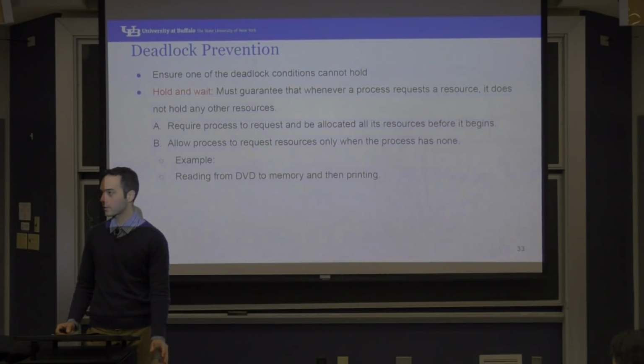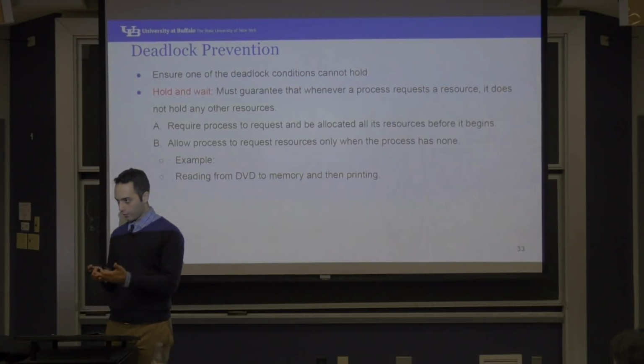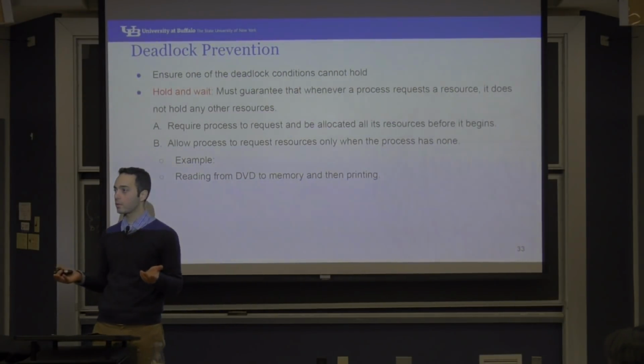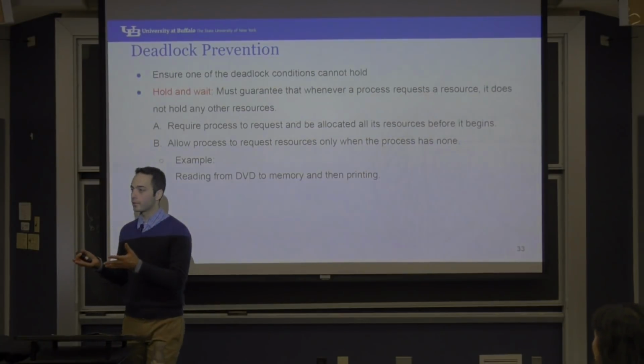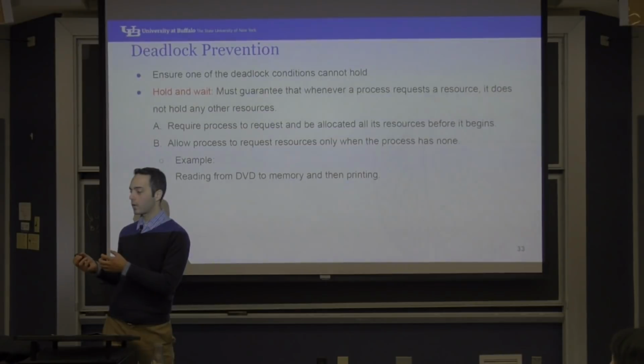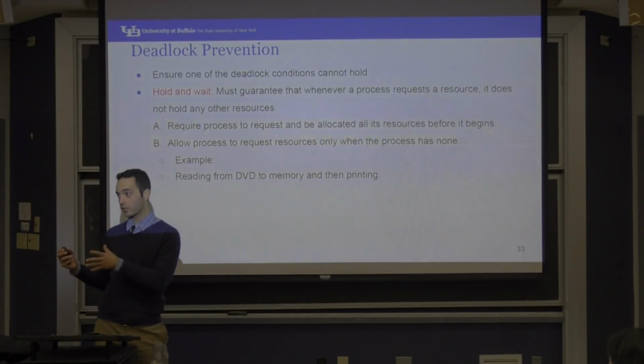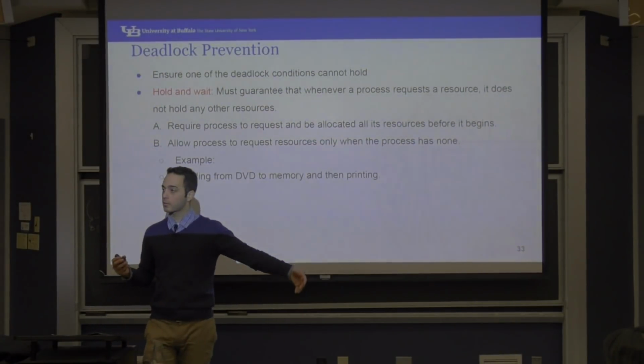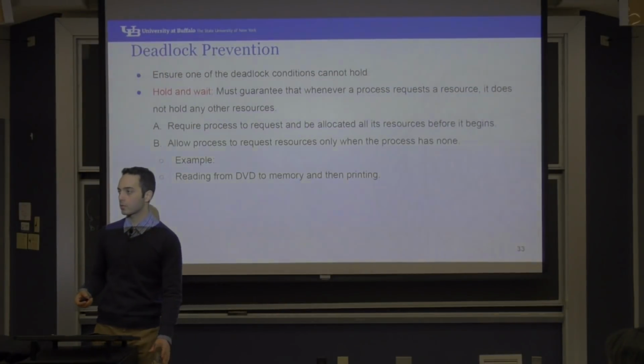If the process requests the printer, DVD, and disk drive before it even starts, it has to be allocated all the resources all the way to the end. So what can go wrong? What is wrong with this?